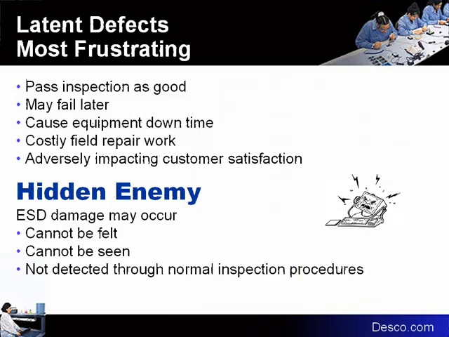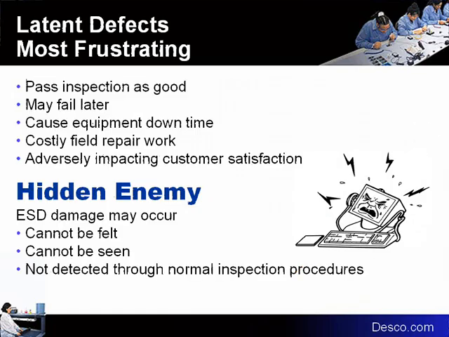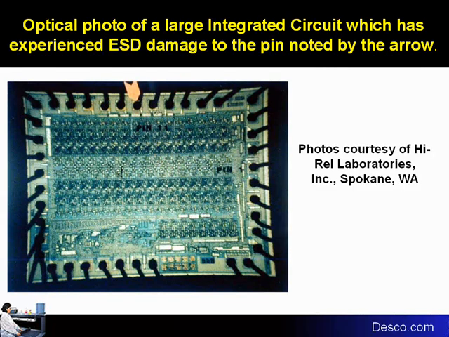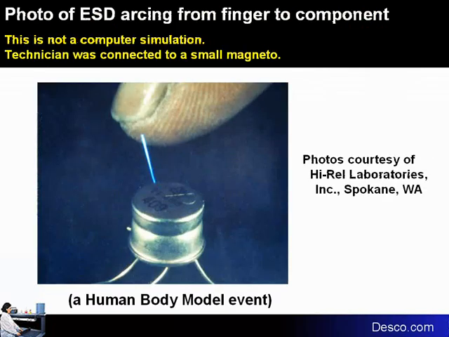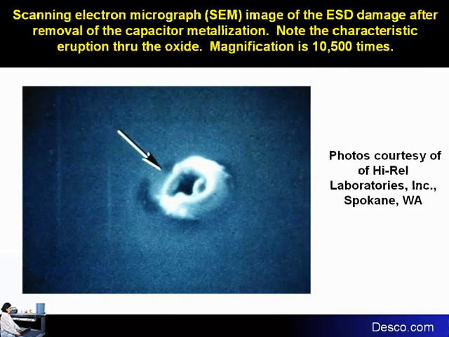Many people consider latent defects similar to germs as a hidden enemy. These are things that cannot be felt, cannot be seen, and cannot be detected through normal inspection. These are a couple of examples that are under super high magnification where you can see an actual ESD event. This is not staged.